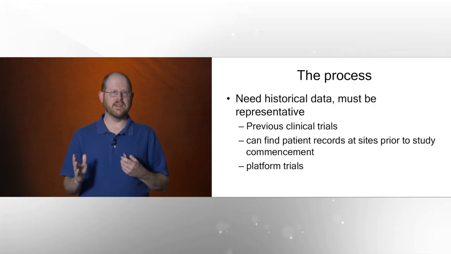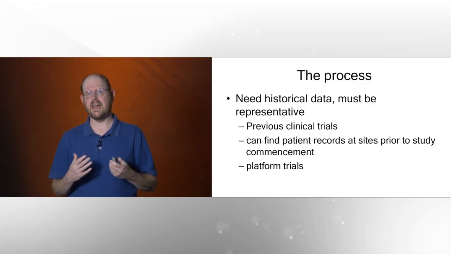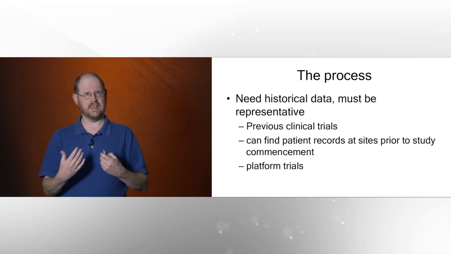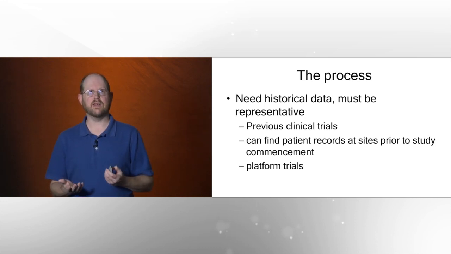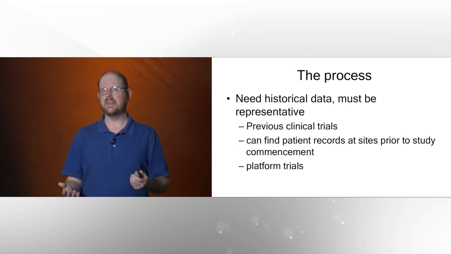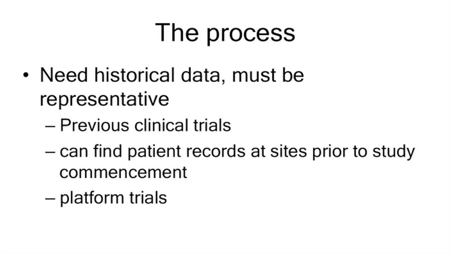So the process here, first thing we need to do is we have to get data from the past that we think is applicable. Typically that would happen through previous clinical trials, so you do some kind of literature search. Certainly don't want to leave out studies. You want to worry about publication bias, so this is especially good if it's a drug that's in-house. You may have a lot more historical data than others.